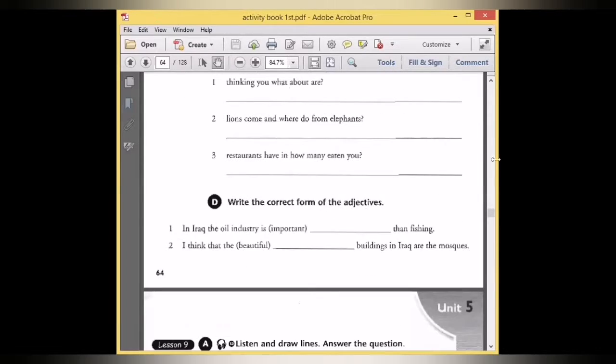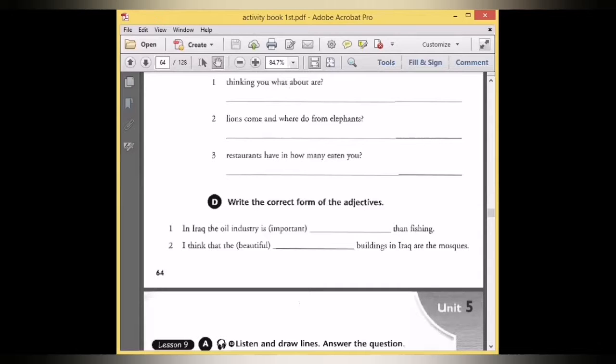Now we have exercise D. Exercise D is about comparative and superlative adjectives. We have talked about the comparative and superlative adjectives, right? So I suppose that you can now answer this exercise.